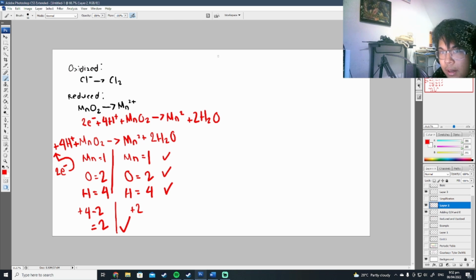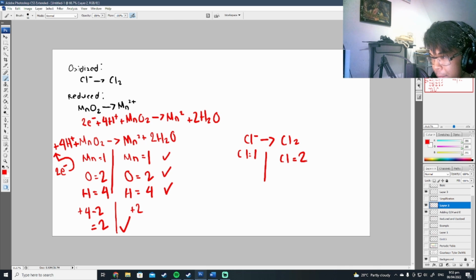So let's do it here. Cl- to Cl2. Same thing. Put all the elements that are present. As you can see, we have 1 chlorine on this side, and on the other side we have 2 chlorine, since there's a subscript of 2 here.